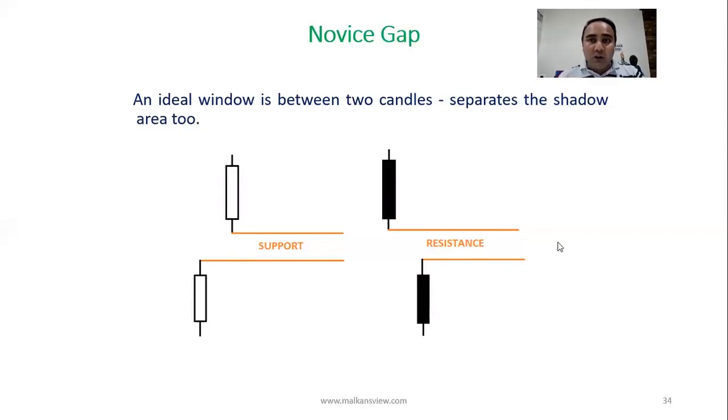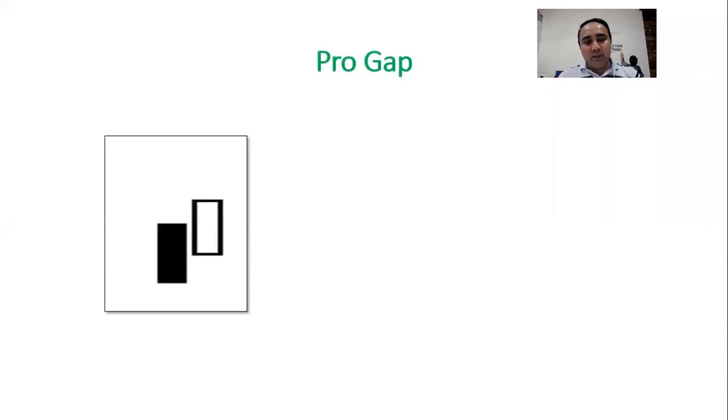Now I want to talk about the pro gap. What is pro gap? Pro gap is something where you can't see the gap, but there is a gap. Now let me show you that. It's basically our star concept, if you have seen my star videos. So this is pro gap. Now look at this, the market closed near the low, the black candle, and market opened with a gap.